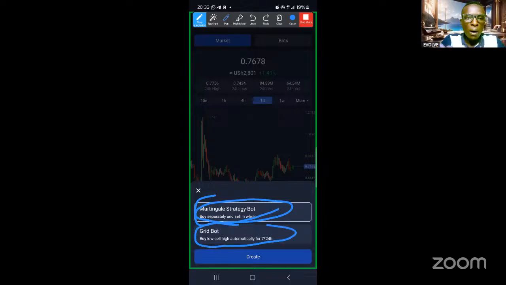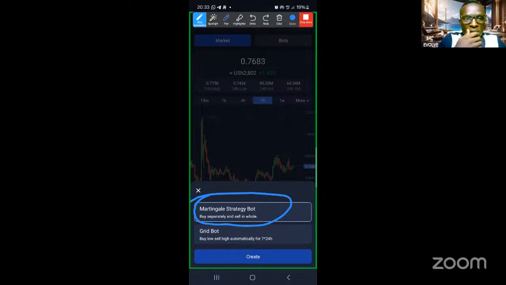Now, 90% of the time, we all use the martingale strategy bot, because it is a very good robot when the market is going down, and most of the time the market goes down. The other robot is commonly used in a ranging market, when the market is not going up, not going down so much.